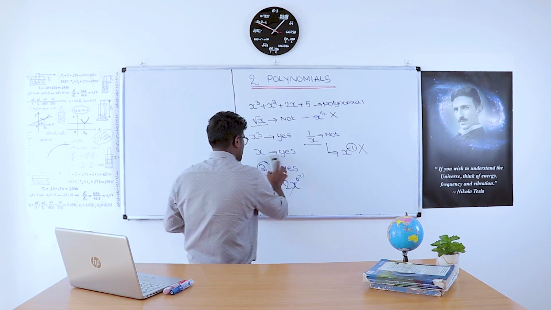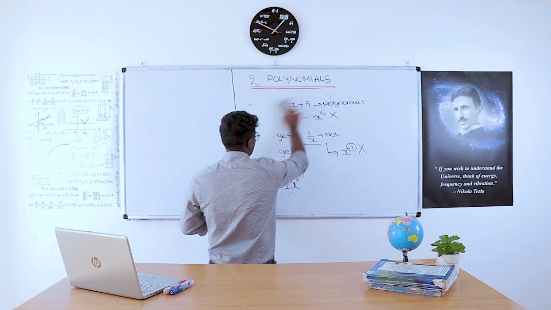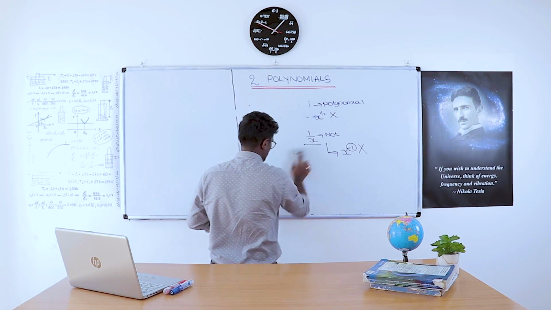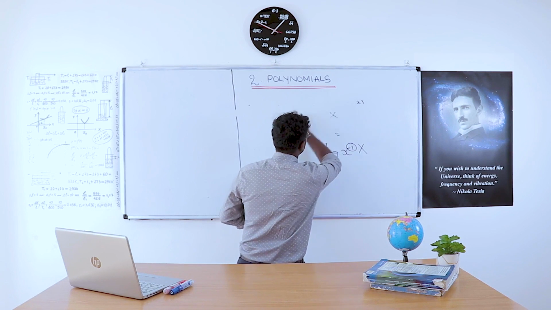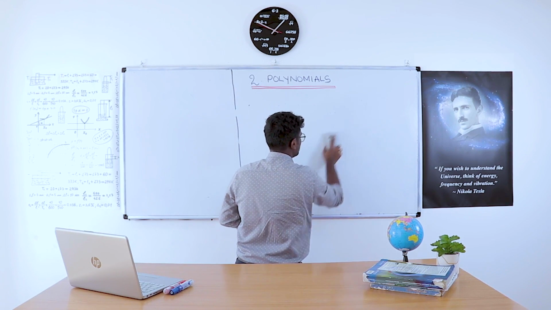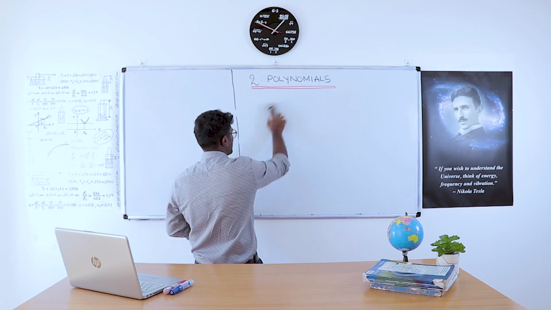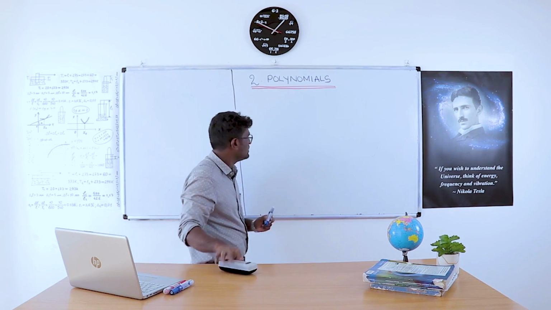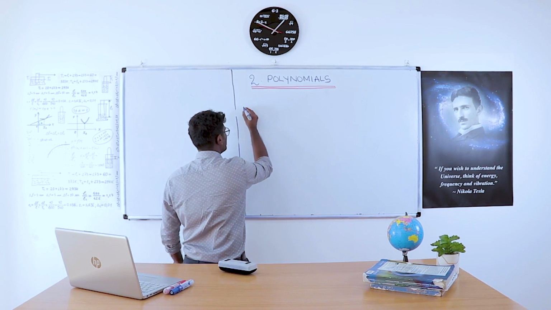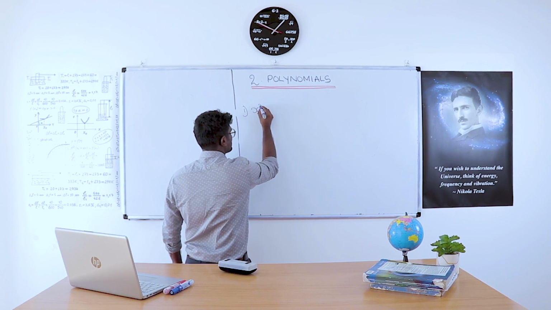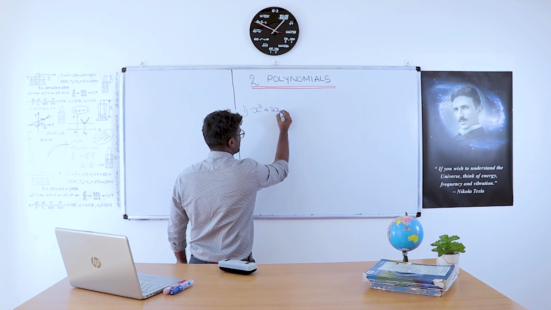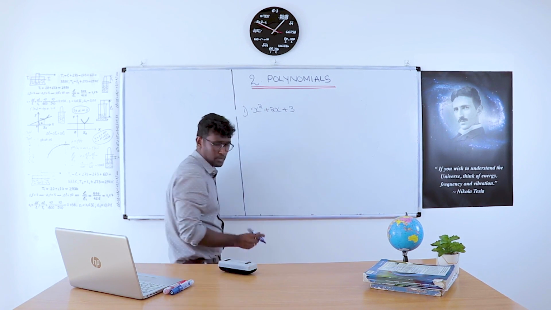So I will write some examples of polynomial. x square plus 2x plus 3 is a polynomial.